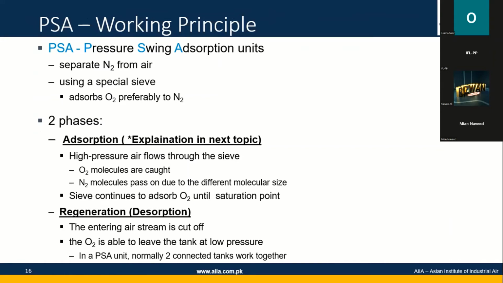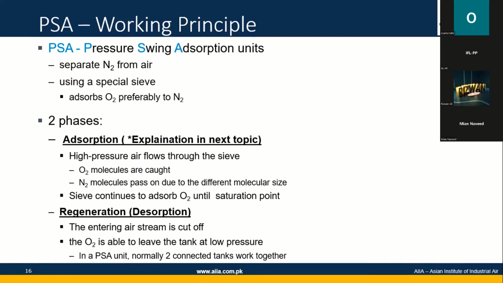What happens in these units? Number one, they separate the nitrogen from the air. How do they separate it? They use particular special sieves called carbon molecular sieves. And I've told you that there are two towers involved in this. And then the second process, regeneration, starts in the second tower.